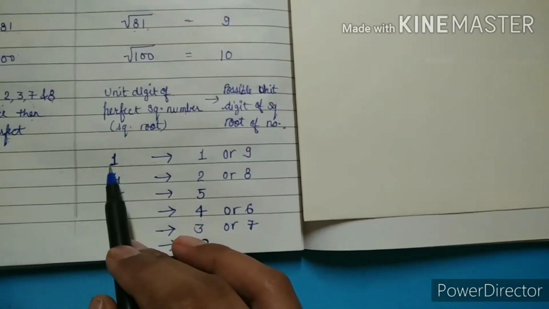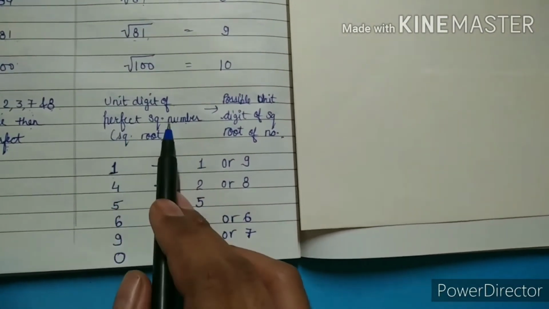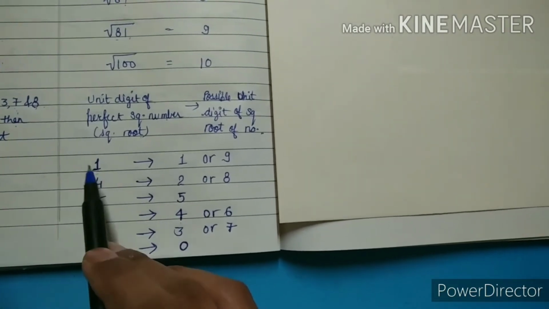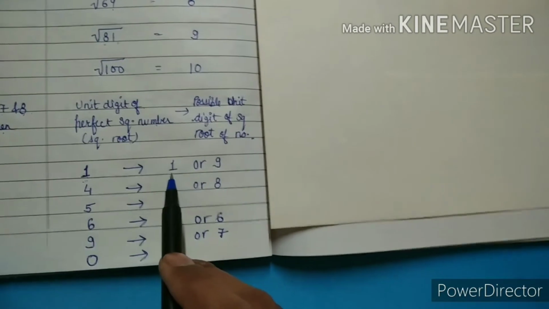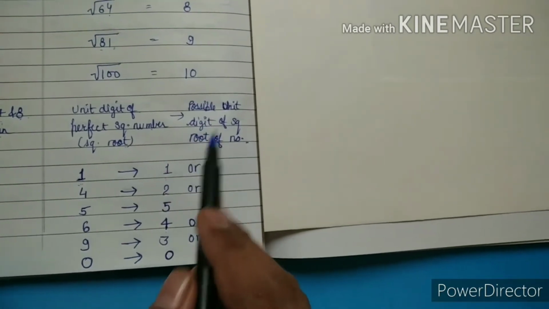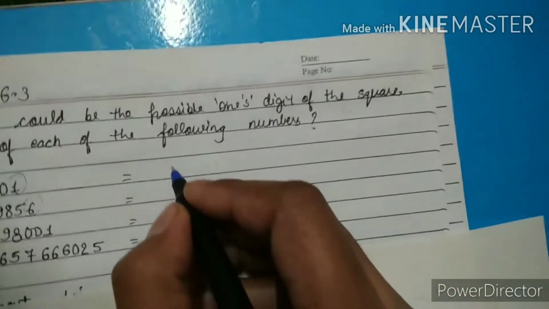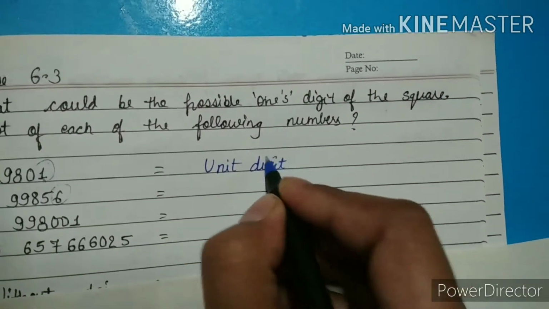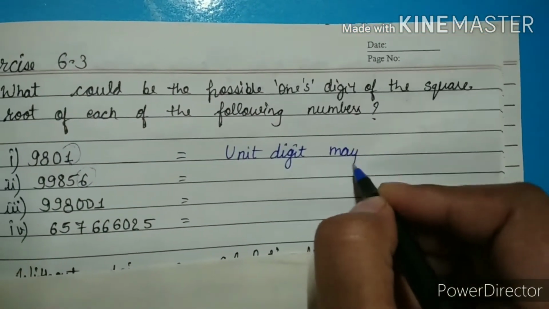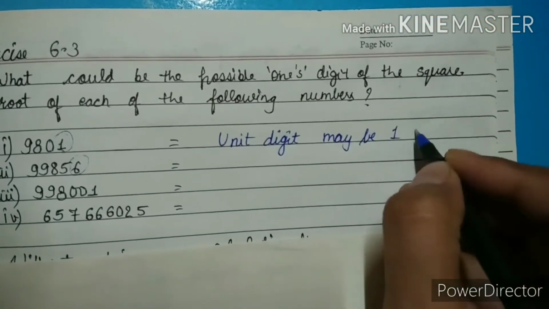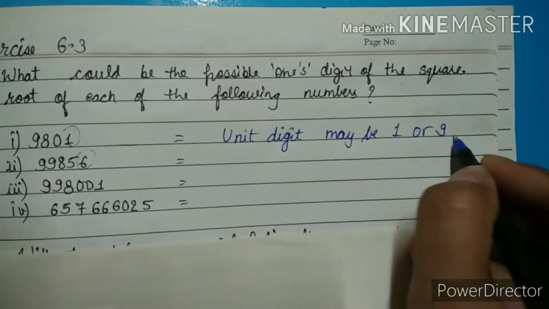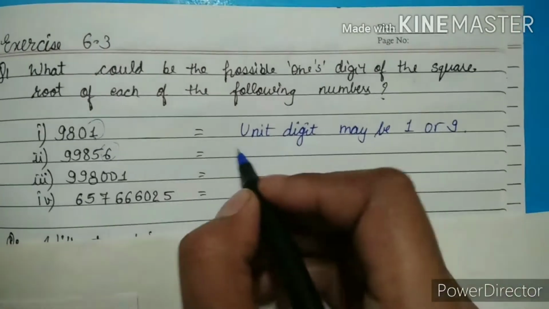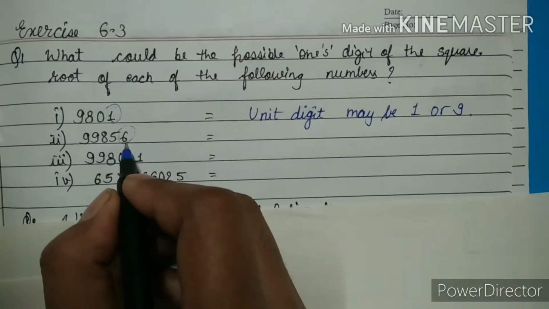If the unit digit of a perfect square is 1, then its answer's unit digit can come as 1 or 9. Only we are talking about the unit digit. Same as here, we have 6 on the unit digit.